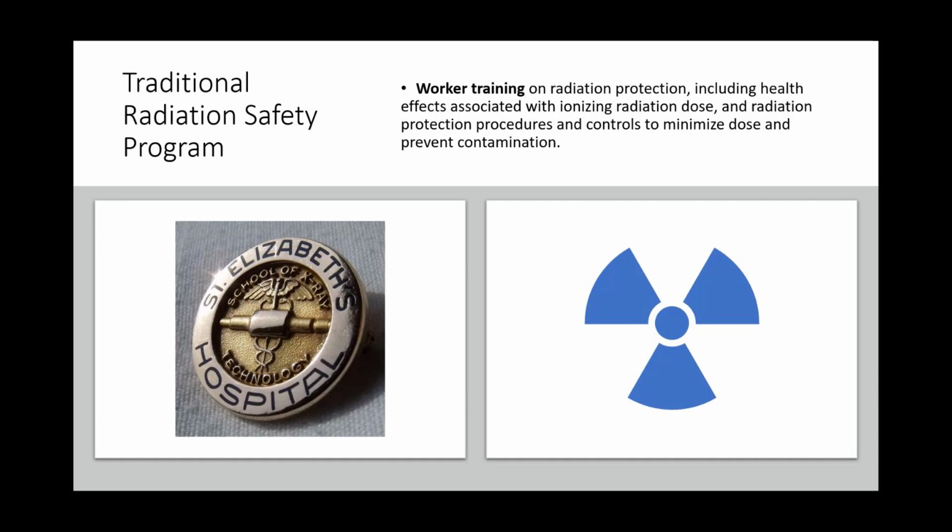When we talk about worker training for occupational workers, the training should include radiation protection, including the effects associated with ionizing radiation dose, and radiation protection procedures and controls to minimize dose and prevent contamination from ionizing radiation to both workers and the public.